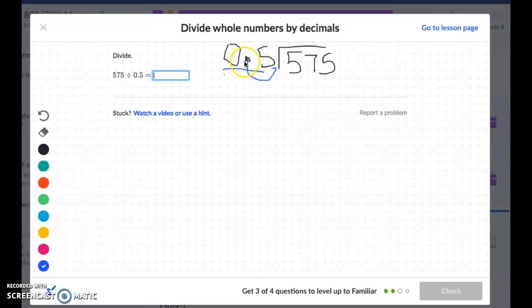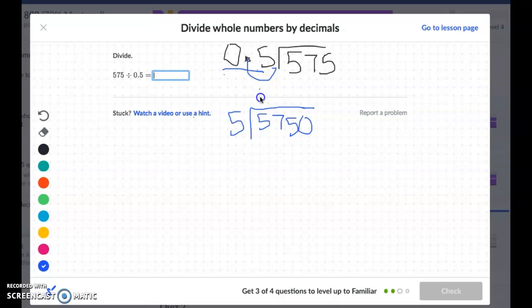So when I multiply decimal 5 times 10, I get 5. And then 575 times 10 is 5,750. So now I can continue with my math.